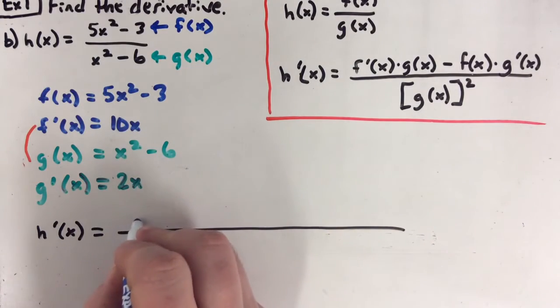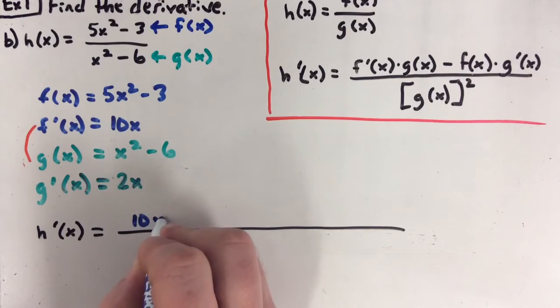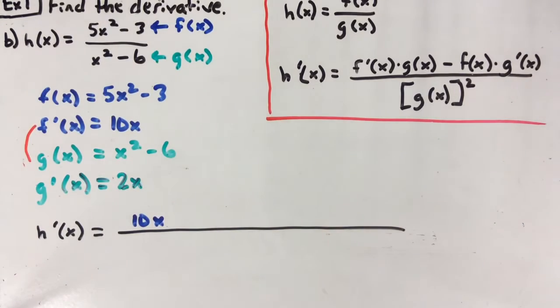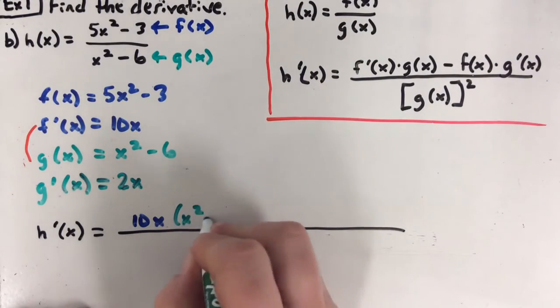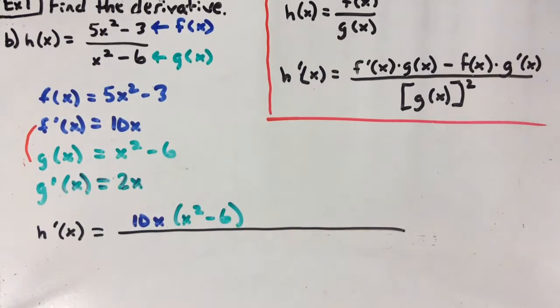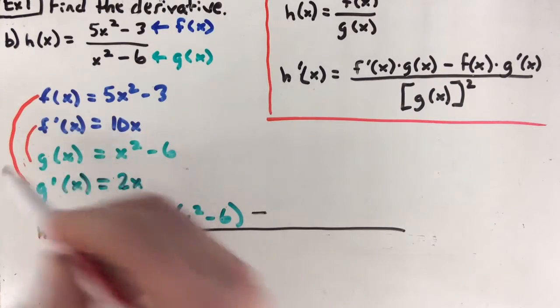So we have function f prime rather, that is 10x. And we're multiplying that by function g, so that is x squared minus 6. And then in our formula here, there's subtraction. And then after the subtraction, we are going to multiply these two outside values.